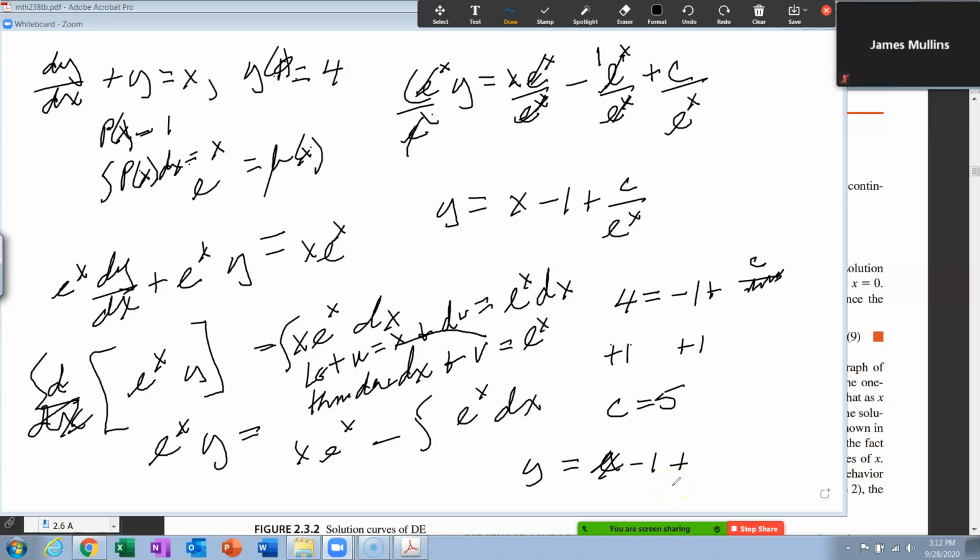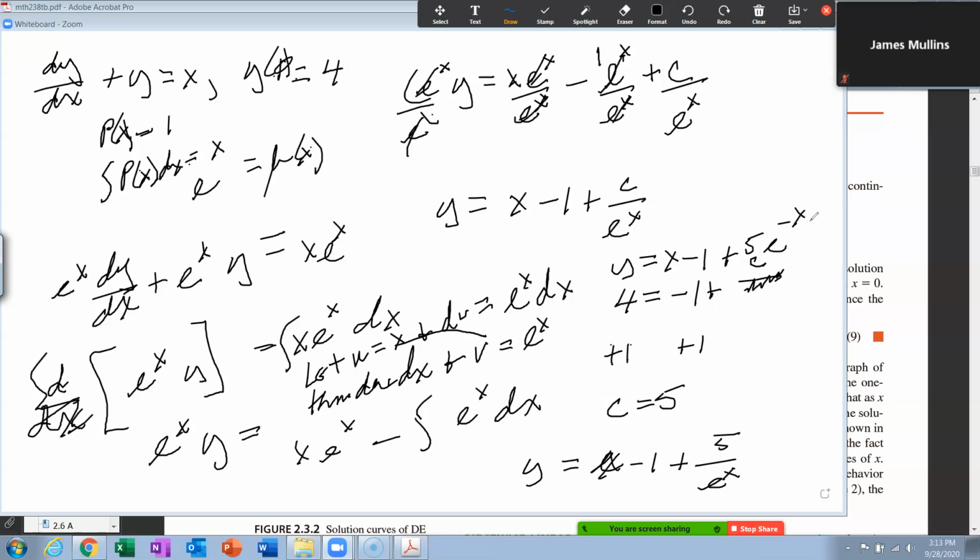Something is wacko here. Plus 5 over e to the x. I knew something was missing. I was looking at the wrong line up here. Here it is. 5 over e to the x. Or, probably the better way of writing that is y is equal to x minus 1 plus 5 e to the minus x. That's probably a little bit better.